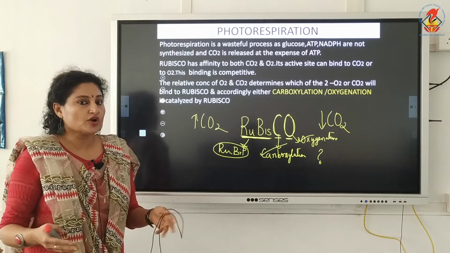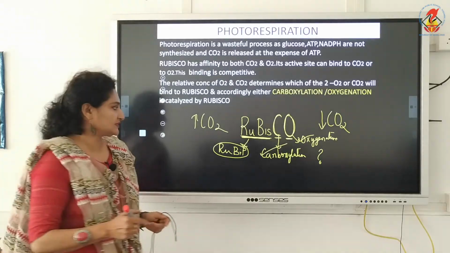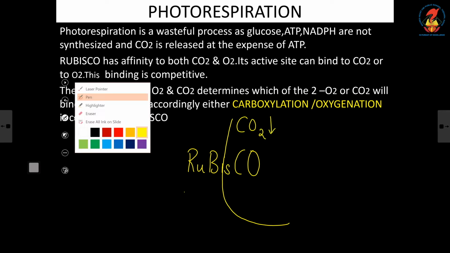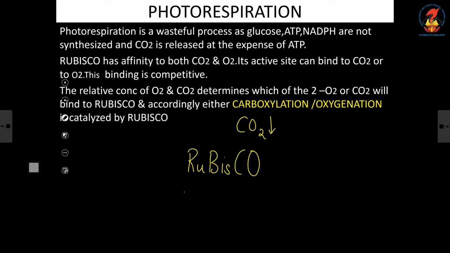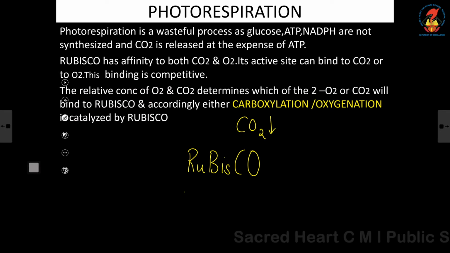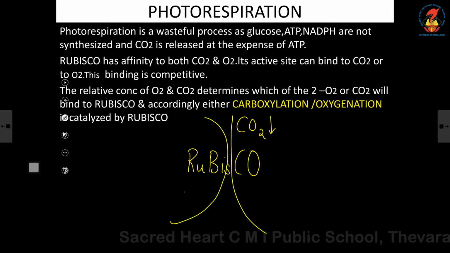Now let us see what will be the outcome of catalyzing both the reactions. This side I am indicating the carbon dioxide concentration is low, and this side I am indicating the carbon dioxide concentration is high.